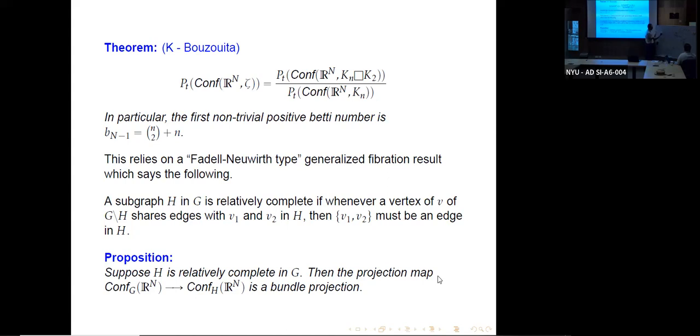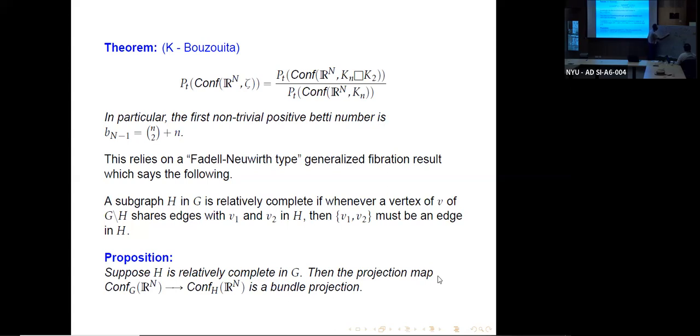If you take the configuration space of endpoints in an array or any manifold, say configuration of k points here.